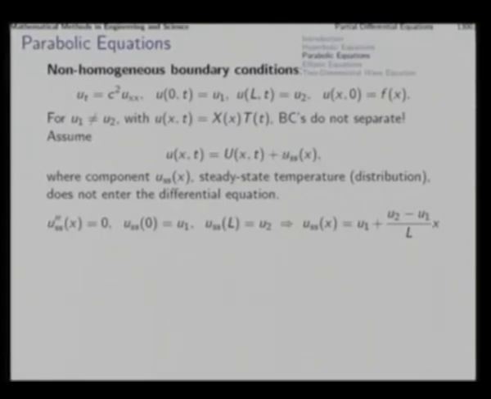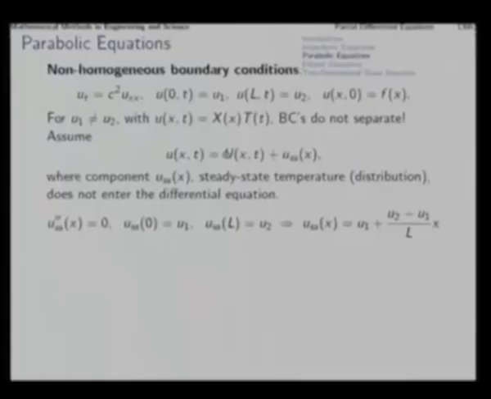The component capital U satisfies the homogeneous boundary conditions, that is 0 boundary condition at both ends, and it satisfies the differential equation also. On the other hand, U_SS satisfies the boundary conditions.